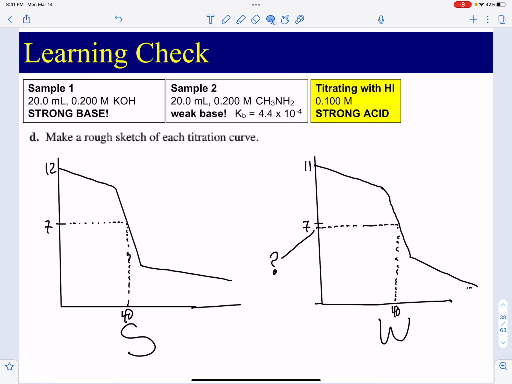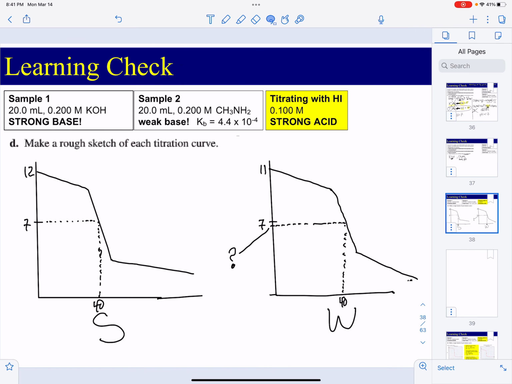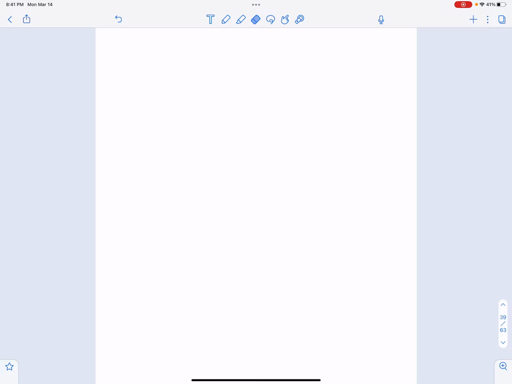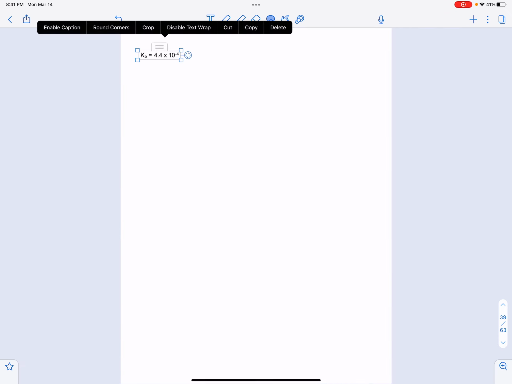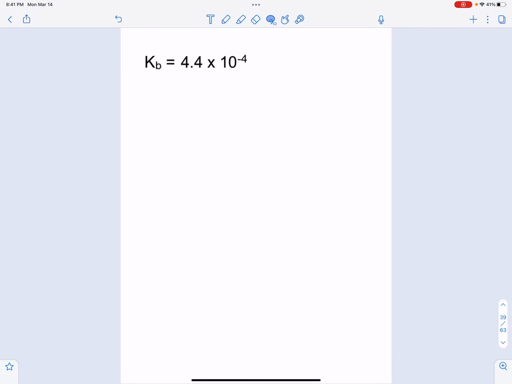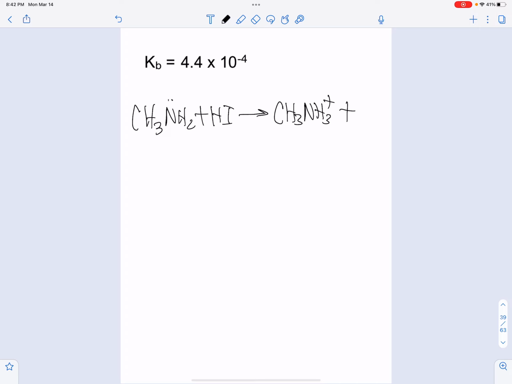So let's do this. How do I find exactly what is the pH at the equivalence point? Well, we know that if we began with this base and we titrated with the hydroiodic acid, we're going to get the protonated one, plus the I negative.